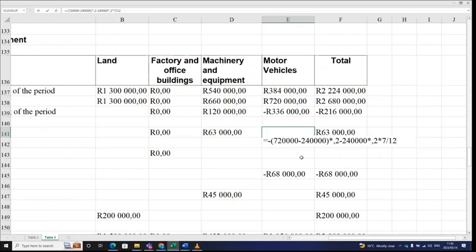So let's say another asset was purchased in the current year on the same date, and it cost like 100,000, for example. We would add the depreciation of the new asset. So we take that cost multiplied by 20% and then multiplied by 5/12, because that's how long the new asset will be depreciated for. And then that would give us the depreciation for the current year. But since there was no new asset, we just need to take out the depreciation for the asset that was disposed of. Okay, so that gives us 124,000. Right.